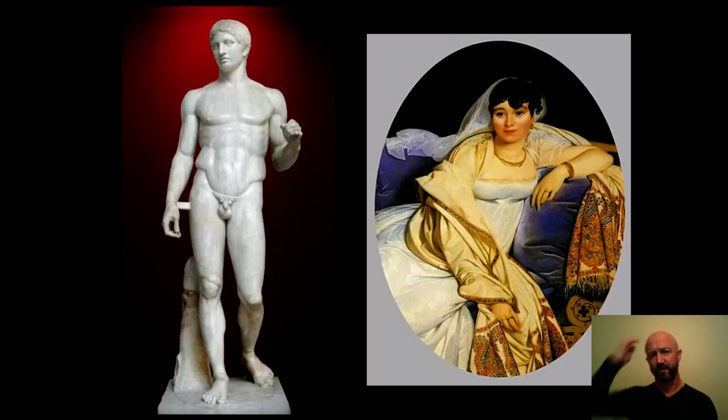Now, if you think about proportionality, though, proportionality can be something that makes sense in terms of real humans or mathematical systems, like the Doryphoros, or you look at this work by Jean-Auguste Dominique Ingres on the right, known as Mademoiselle Riviere, and you look at her, as your book points out, her right arm, the arm that's on our left, and it doesn't look right?